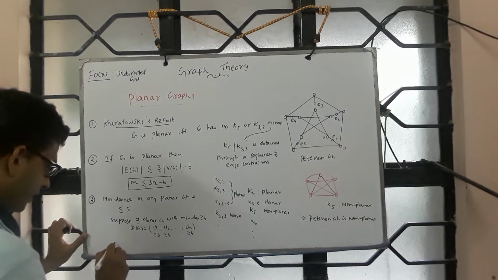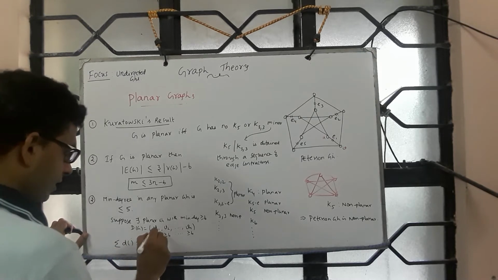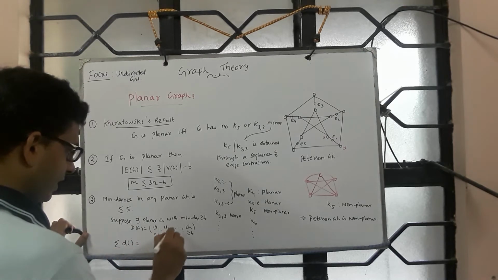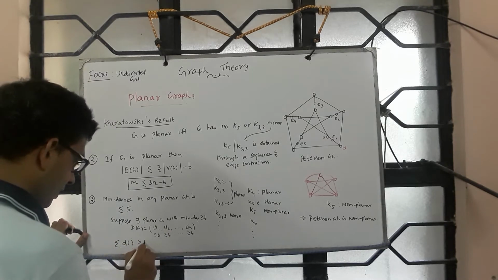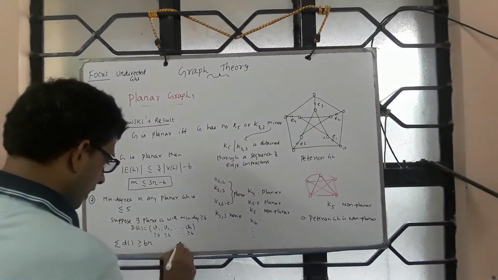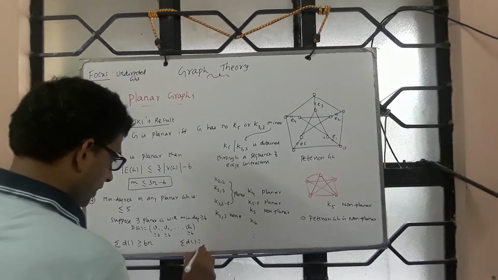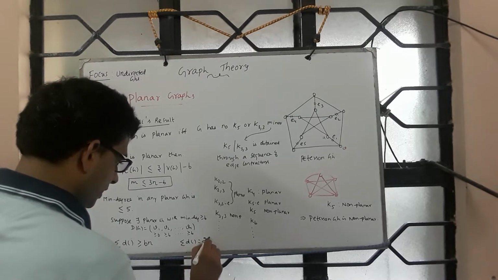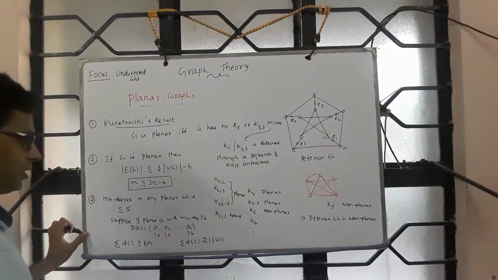Then let's look at the degree sum. Degree sum says 6 plus at least 6 and so on. Degree sum is at least 6 times n, and we know that degree sum is precisely 2 times the number of edges, correct?